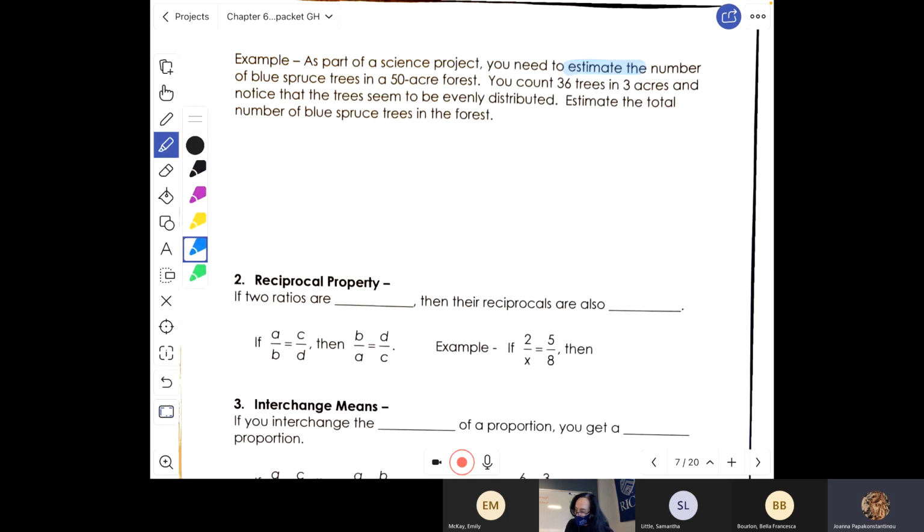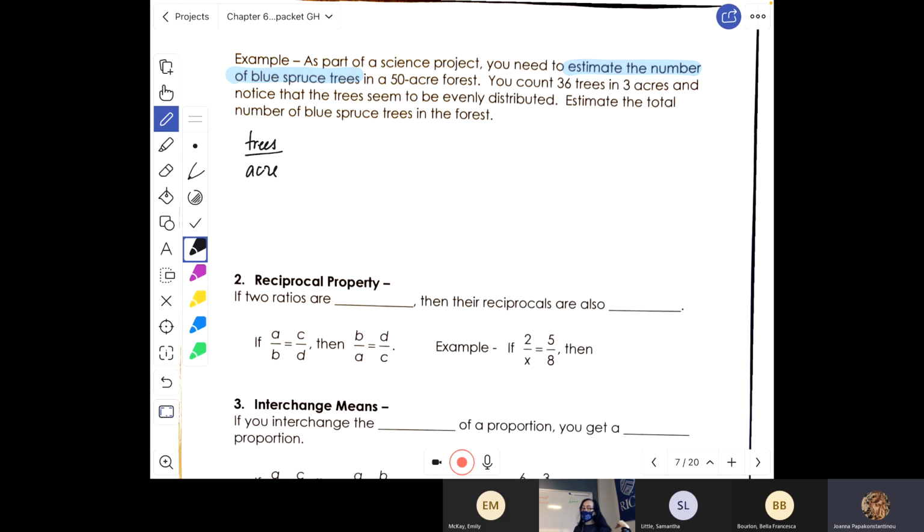So this is what I'm trying to do. I'm trying to estimate the number of blue spruce trees in a 50-acre forest. So I'm looking at the number of trees in a certain acreage. So trees per acre is maybe a ratio that I would be interested in.